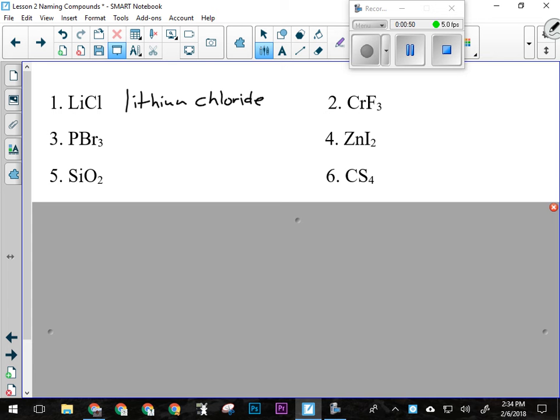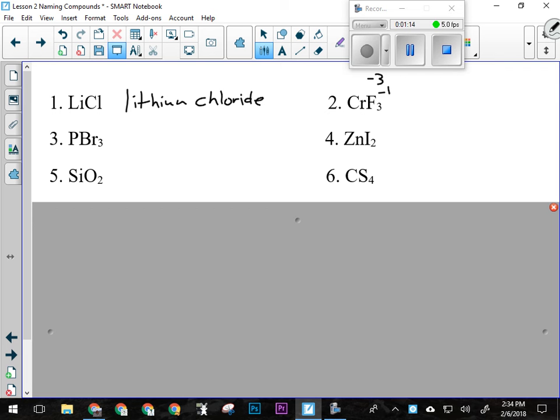Now looking at this compound, it looks like it should be pretty obvious. What I do is I write the charge next to fluorine. All of our nonmetals only ever have one possible charge. So the charge on fluorine is -1, and there are 3 fluorines. So -1 times 3 is -3. So there's 3 negative charges in this ionic compound.